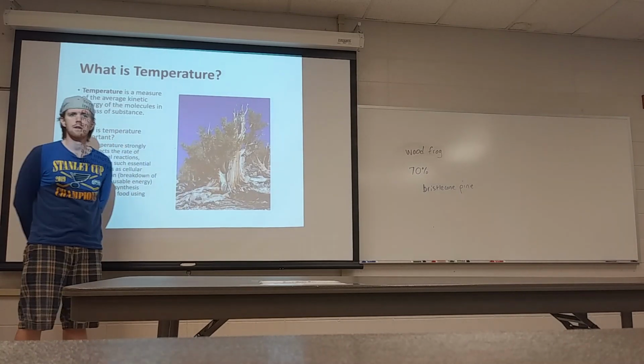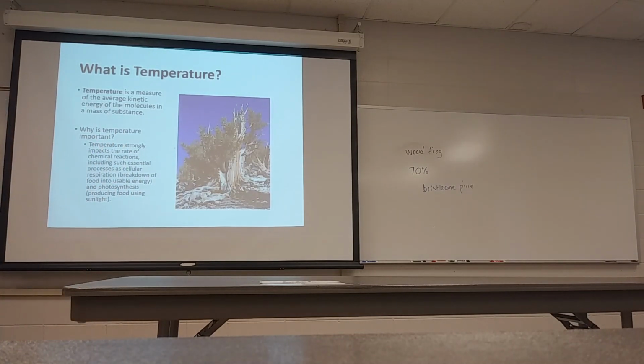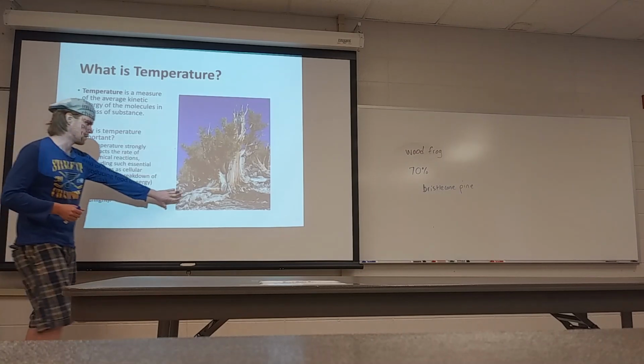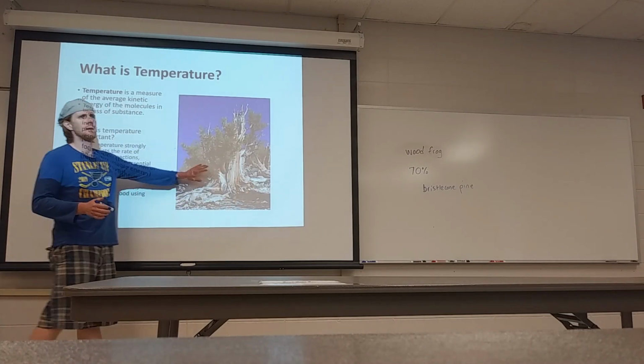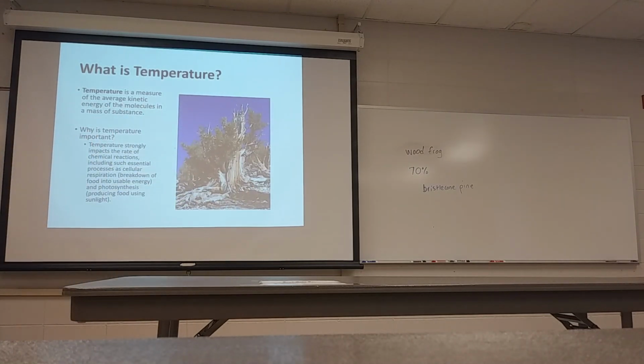On the other hand, there are trees in Missouri called cottonwoods that in the span of 200 years will dwarf that 4,000-year-old tree. So it's all about not only temperature, there's also the soil has an impact as well, but temperature is the biggest one. So why is temperature important? It impacts the rate of chemical reactions.